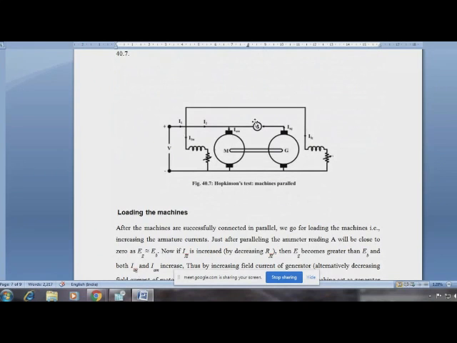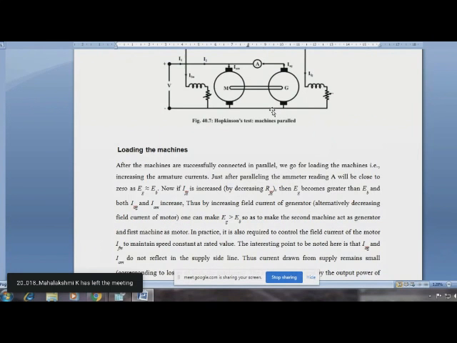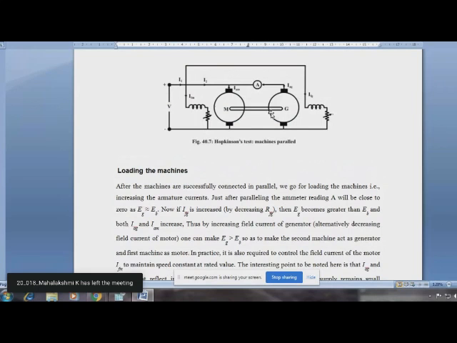When that is done, in the next stage, what we do is we put them in parallel and we remove the voltmeter on the switch, and we keep an ammeter to record the current between the two machines. And then what we do, we try to adjust the field current of generator in such a way that the induced EMF of generator becomes greater than the back EMF of the motor.